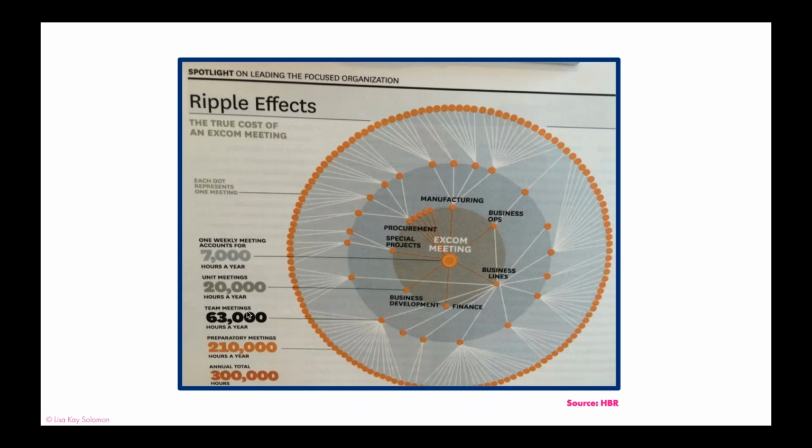And you can see from this chart, if the center is the executives meeting each other, then the circle around them are all their VPs that are spending time preparing information to get the executives ready, and the next circle out are their directors, and then the next circle out are all the people under them. So we are conditioned to waste time on meetings that don't really advance the strategic agenda.